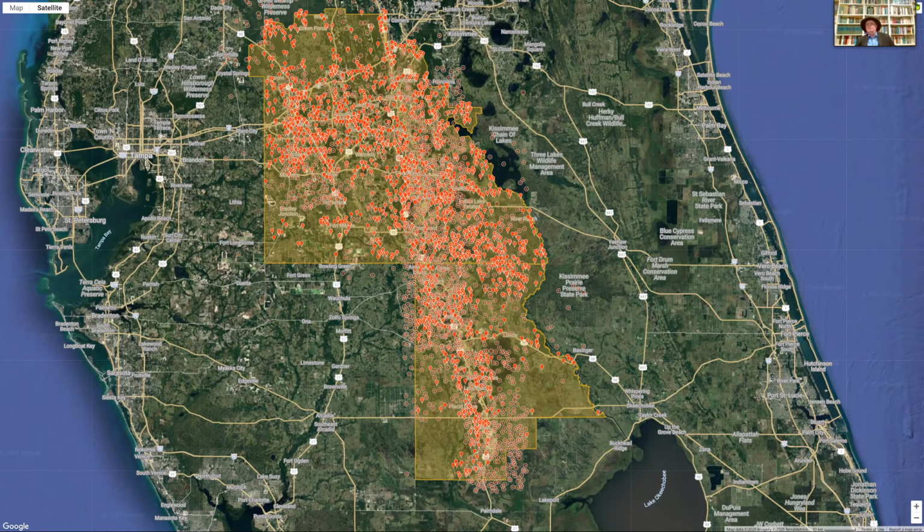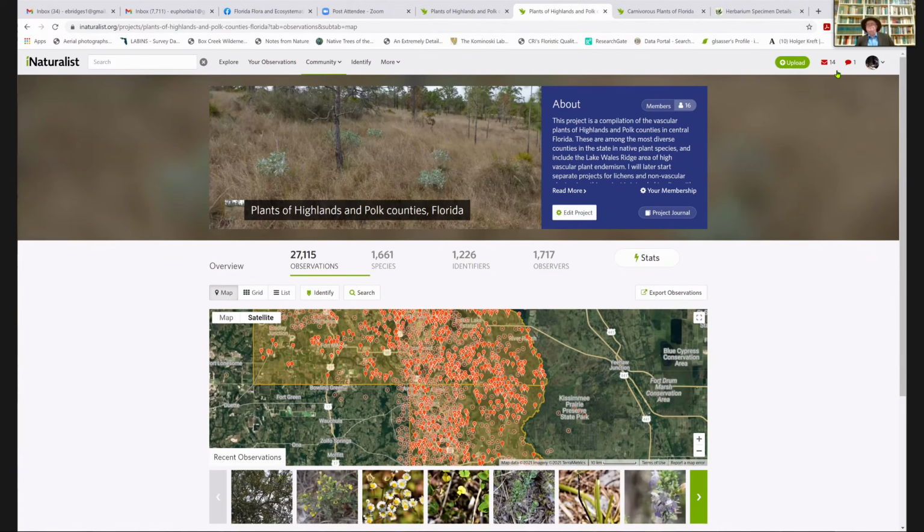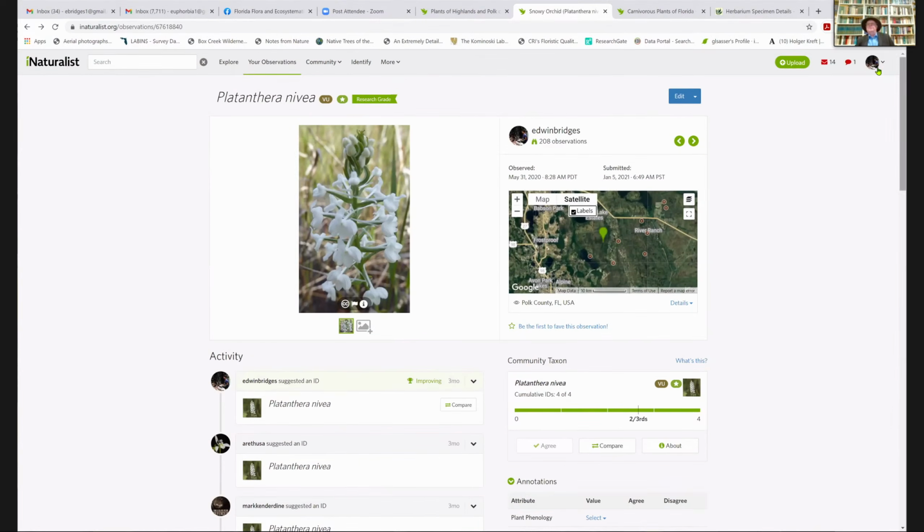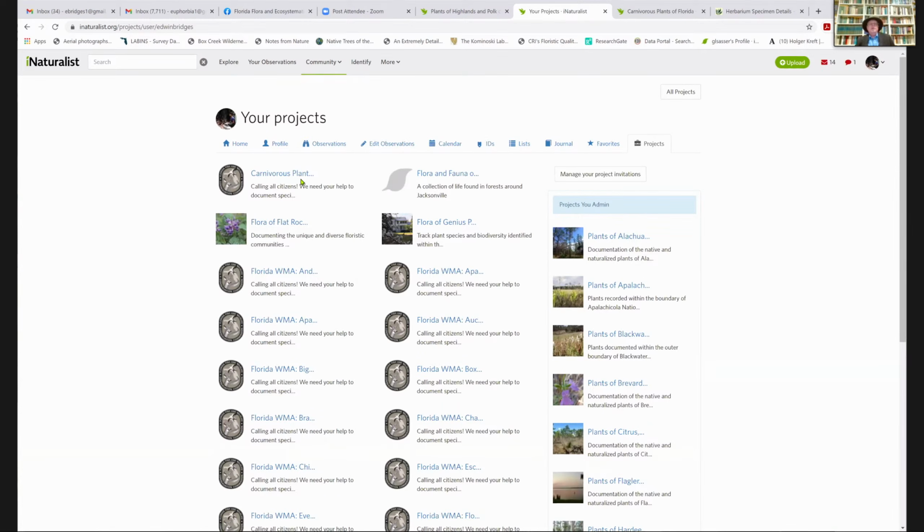For a traditional project, you can actually do more, which is to add them directly to the project, like the Carnivorous Plants of Florida one you can do directly to. Okay, this is a traditional project in iNaturalist where there's more stuff that can be done with those.